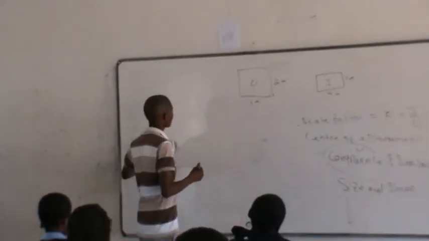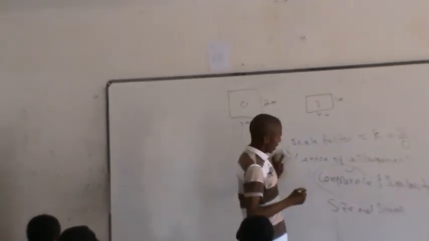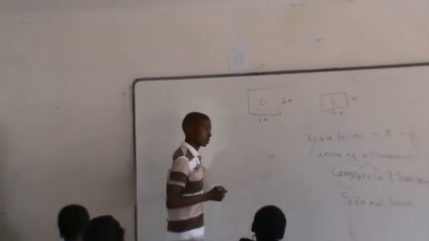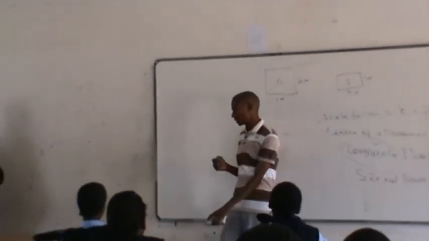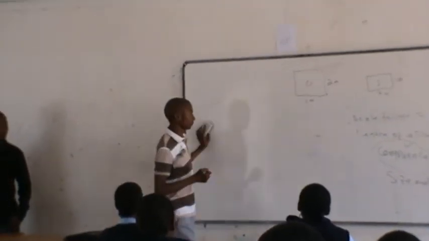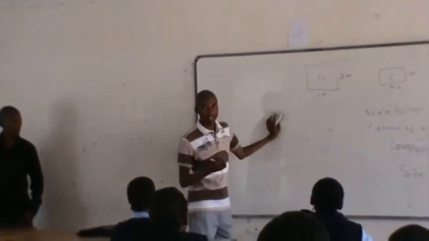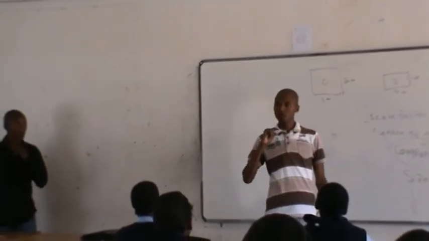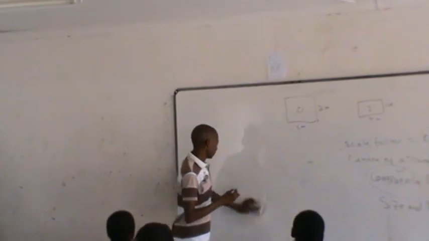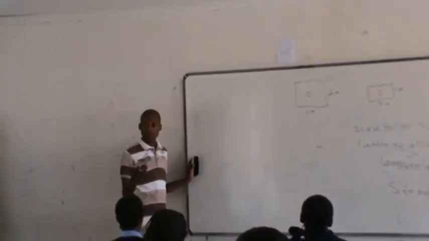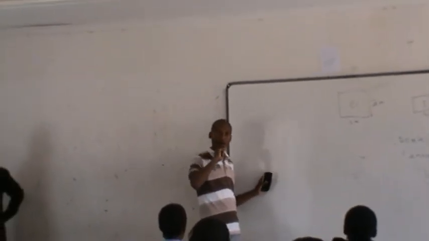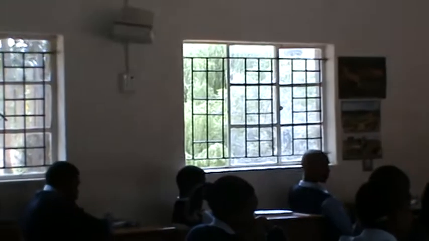So like I said, we are going to base ourselves on the concept of congruence and similarity. Now, I said there are four basic properties of congruence. Maybe for simplicity we are going to be basing ourselves on triangles.